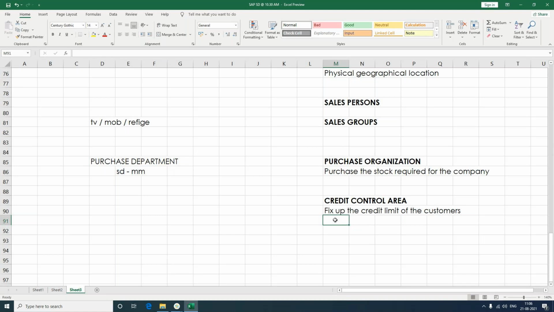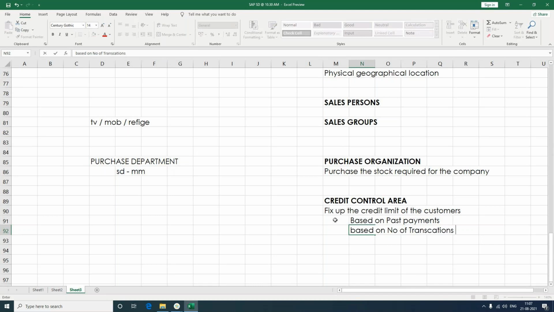You take the goods now and do the payment later. Okay. So on what basis is this credit limit fixed? Up to what value can the customer take the goods on credit from the company? It is based on past payments. Whether you're doing the payment on time or not, whether you're a regular payer or a defaulter, based on payment history, based on the number of transactions you are doing with the business.